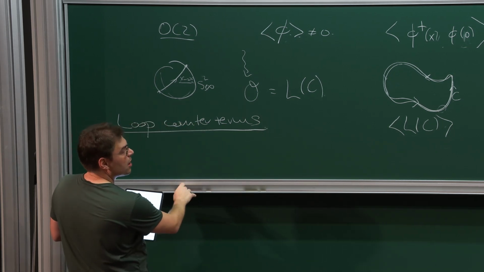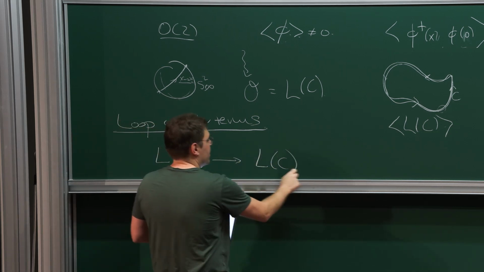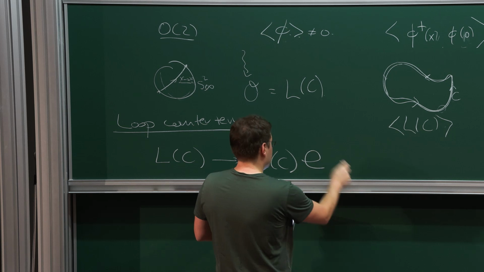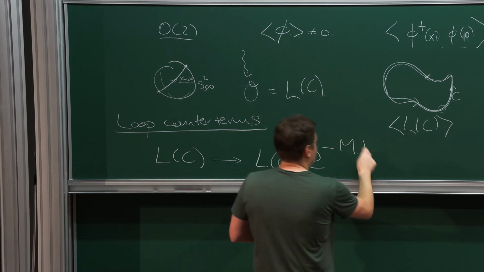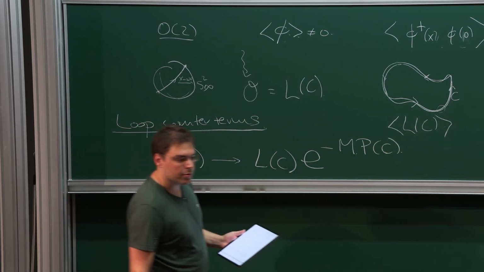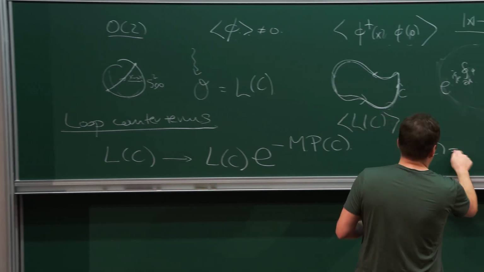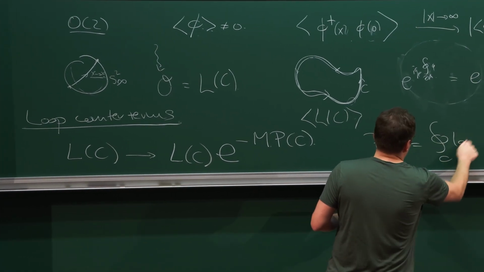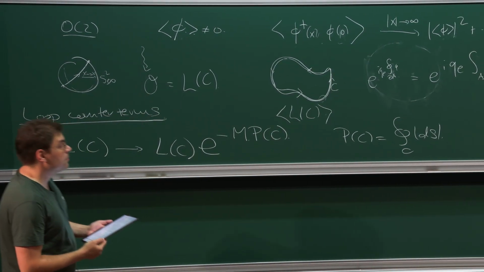And you can simply modify the loop by multiplying it by e to the minus m times what's usually called the perimeter of the loop. The perimeter of the loop is just the length of the loop, with respect to the induced metric on the loop.